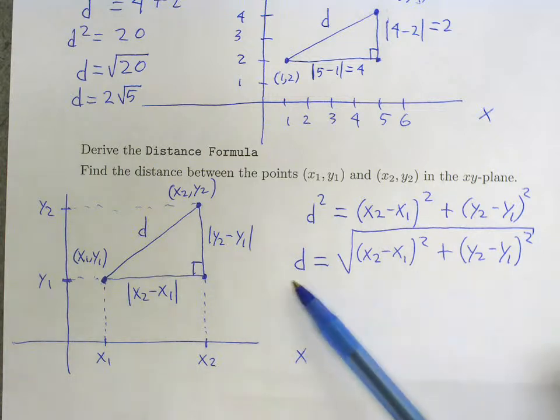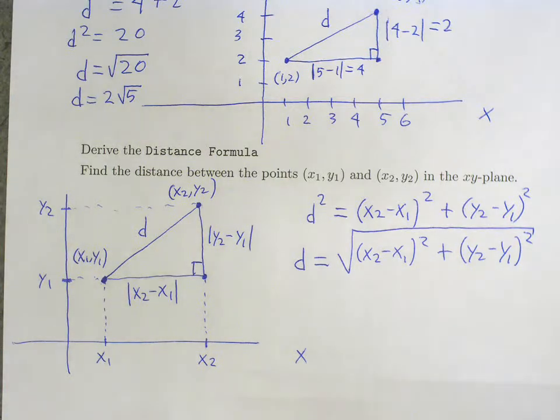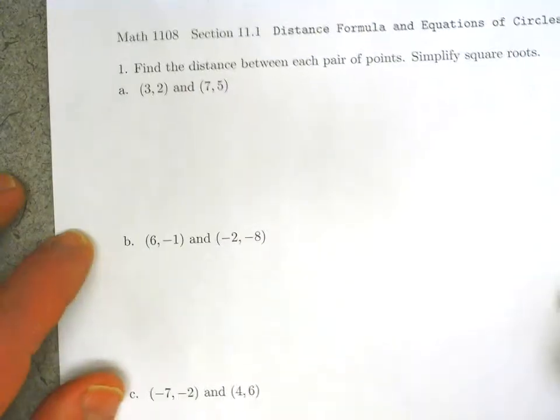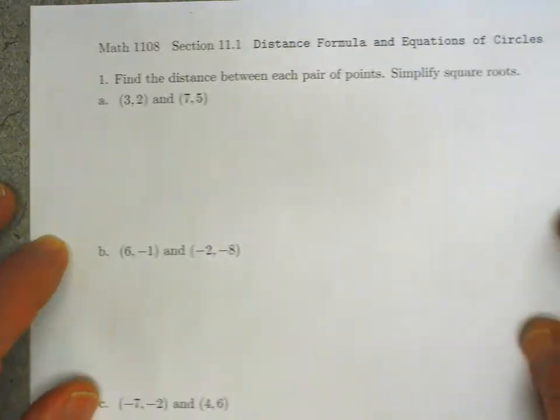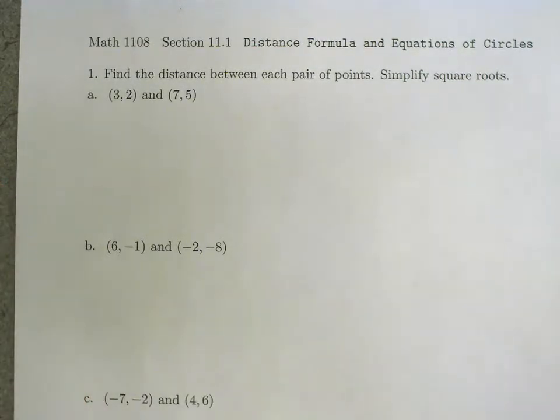Just make sure that you memorize it perfectly. All it takes is one little mistake to throw everything off. Okay, we'll practice using the distance formula. Okay, find the distance between each pair of points and simplify the square roots.